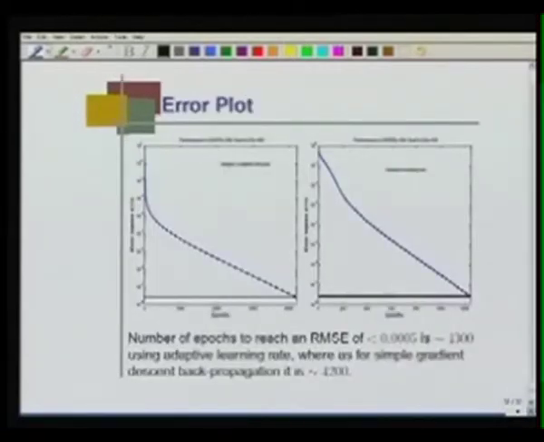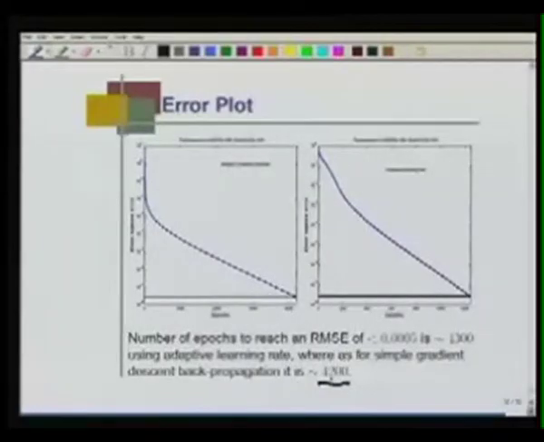Finally, we see that without the adaptive rate, as we have already seen, simple gradient descent gives you 4200 iterations, that many times I have to update the weights, 4200 times.